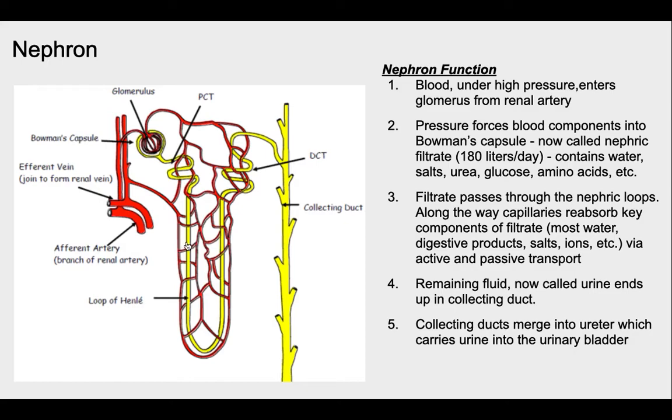Glucose, for example, salts, and various other products are taken from that filtrate into the blood. It happens through diffusion and through active transport as well. Also, along the way, certain components from the blood are moved into the filtrate. Like we said, it makes its way back up, and then eventually into these collecting ducts.